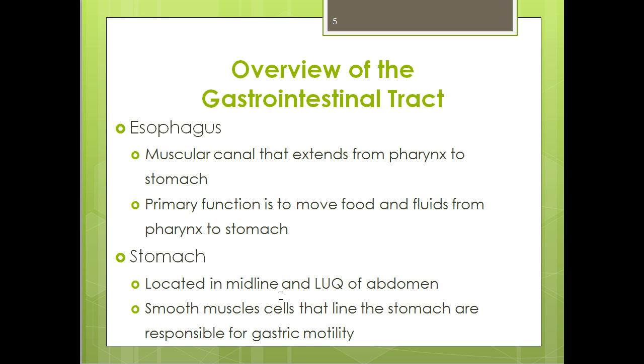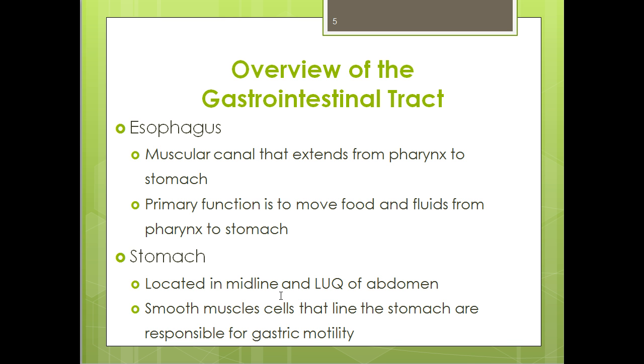The portion of the esophagus just above the gastroesophageal junction is referred to as the lower esophageal sphincter, or LES. The upper esophageal sphincter is sometimes abbreviated as the UES, and the lower esophageal sphincter as the LES.